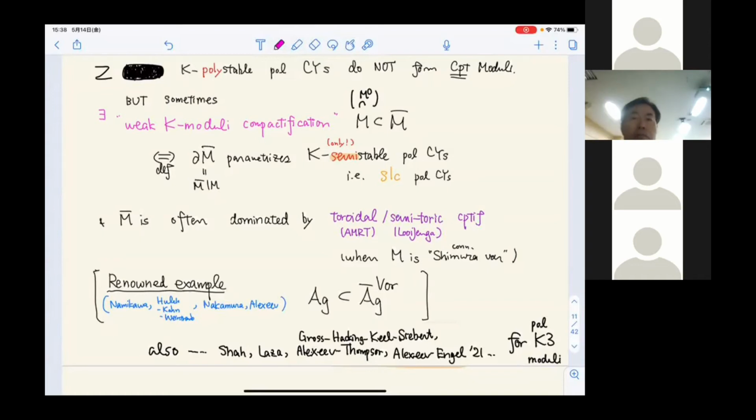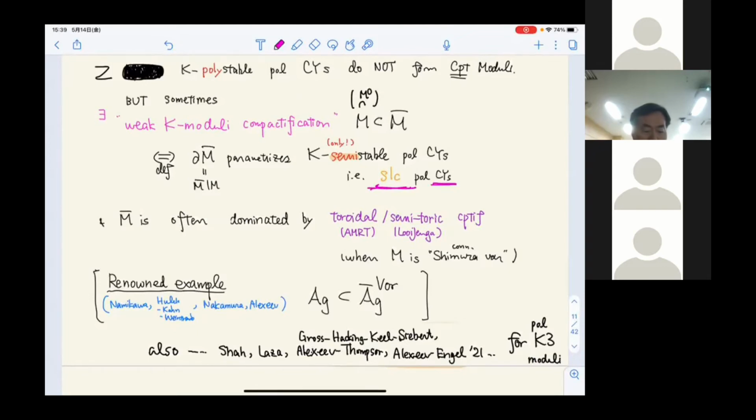If you consider a bit weaker version of K-moduli in the Calabi-Yau case, the K-trivial case, that is to allow K-semi-stable degenerations, then this is just a classical conjecture or dream to consider a projective compactification whose boundary should parameterize SLC Calabi-Yaus.